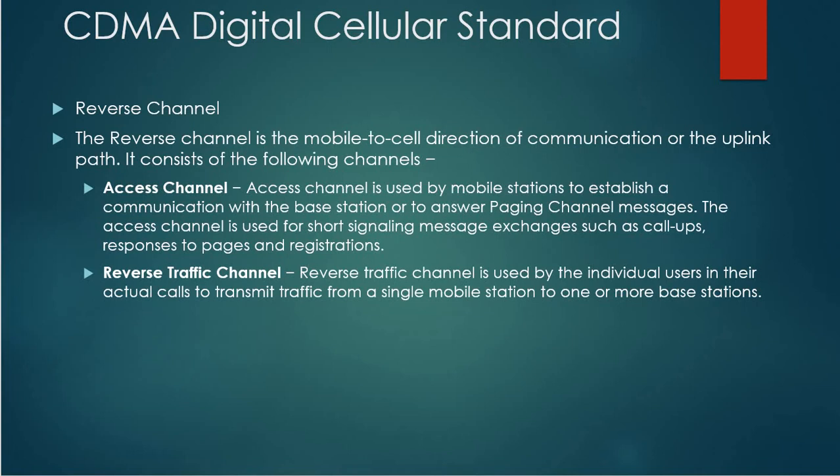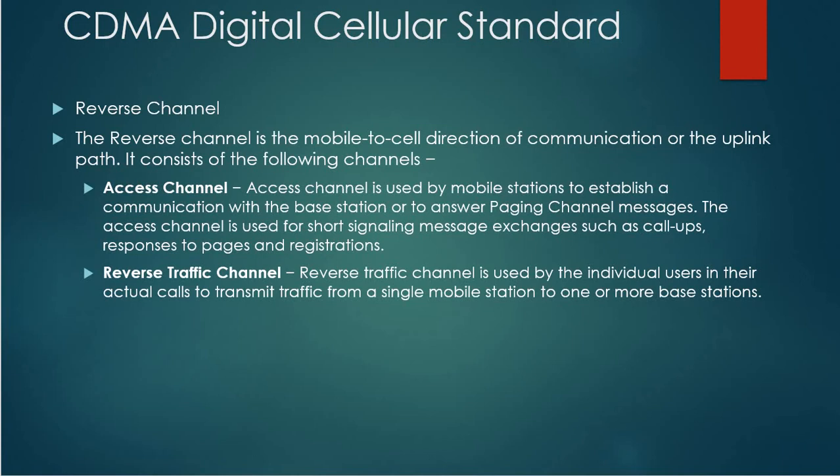Access channel is what? Access channel is used by the mobile station, our mobile phone, to establish communication with the base station, BTS, the tower, and the base switching center, BSC, nearby the device, or to answer the paging channels.